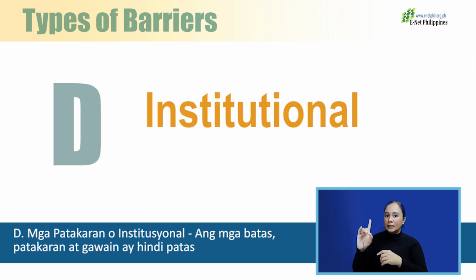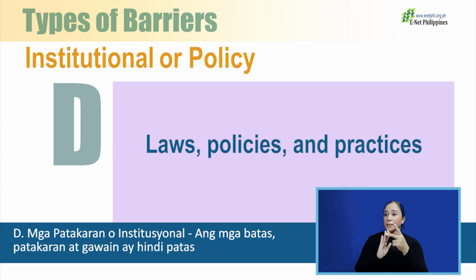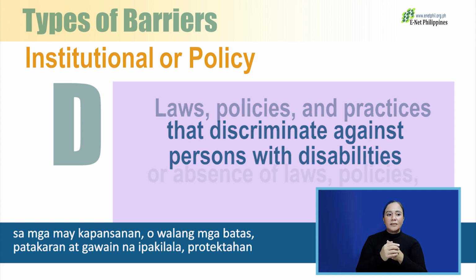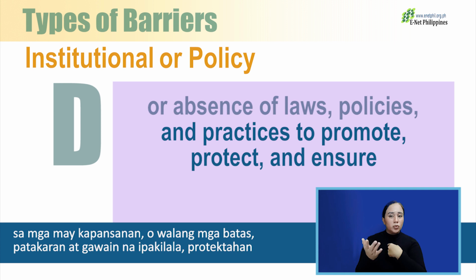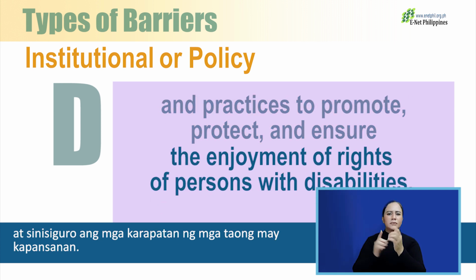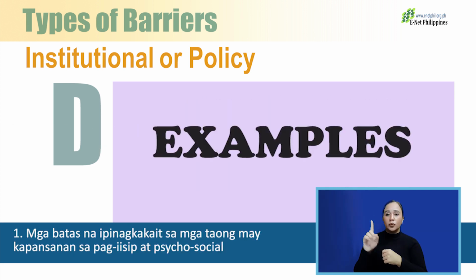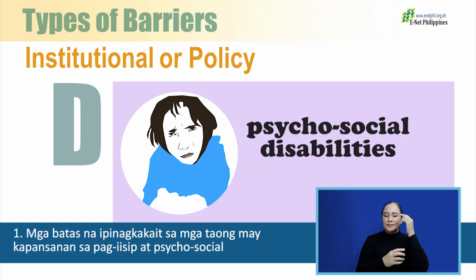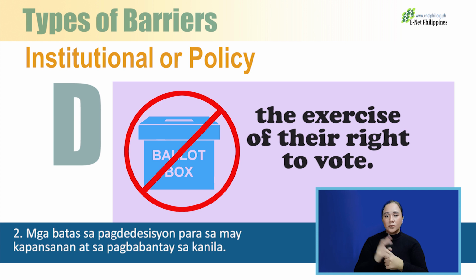D. Institutional or policy. Laws, policies, and practices that discriminate against persons with disabilities, or absence of laws, policies, and practices to promote, protect, and ensure the enjoyment of rights of persons with disabilities. Examples. 1. Laws that deny persons with intellectual and psychosocial disabilities the exercise of their right to vote. 2.